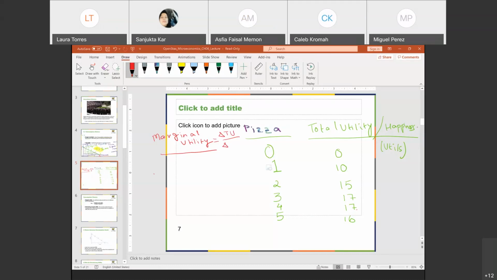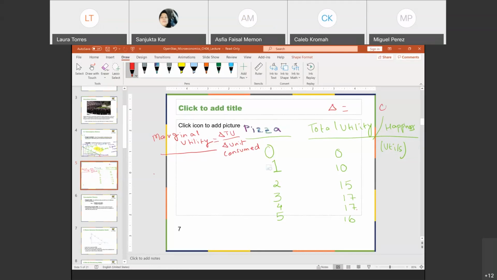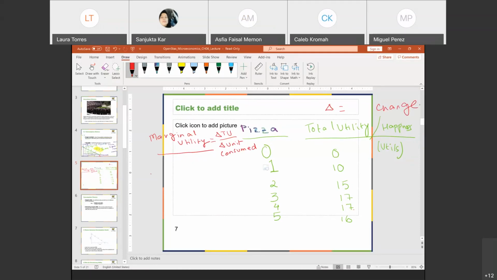I'm going to explain what this sign means. This sign delta is a Greek letter, and it means change. Let me show you how to calculate this marginal utility.